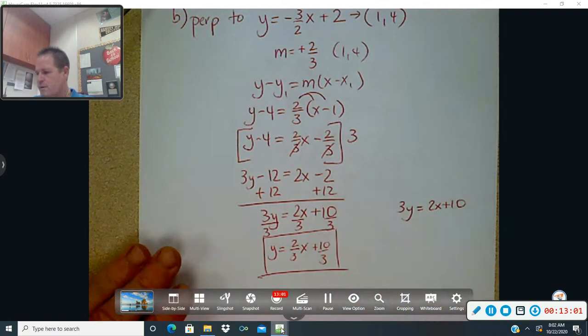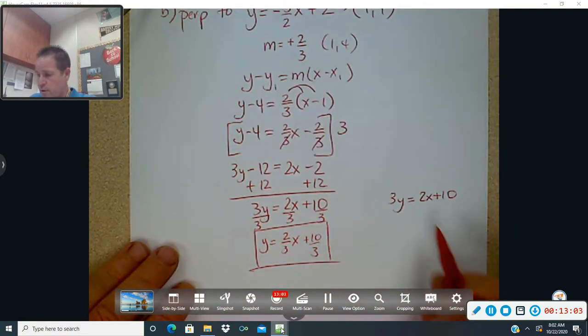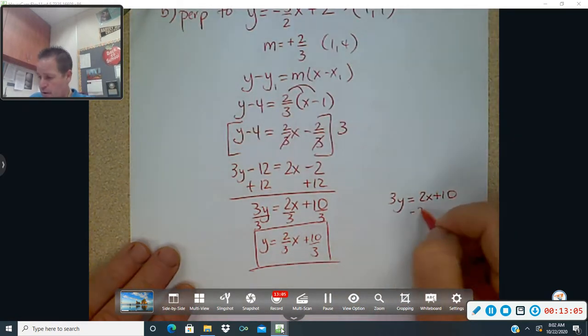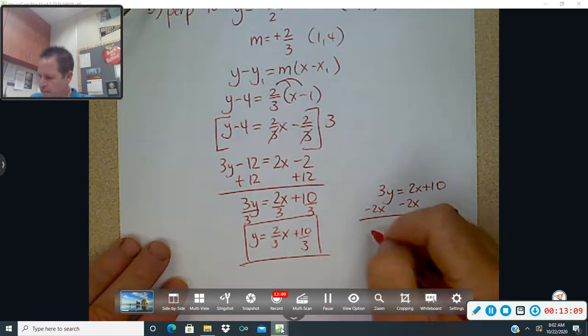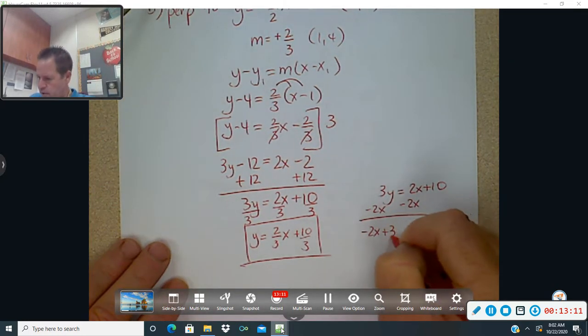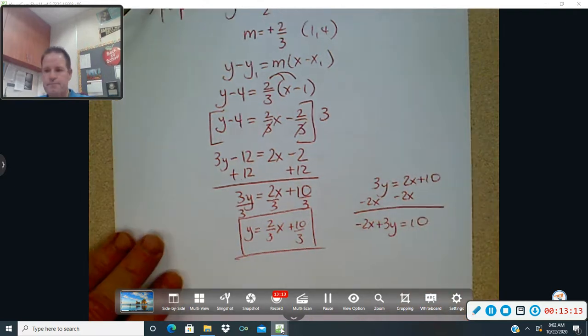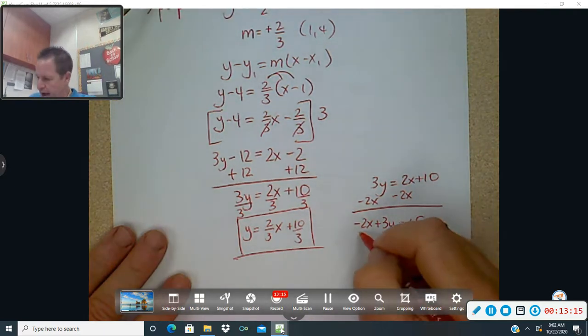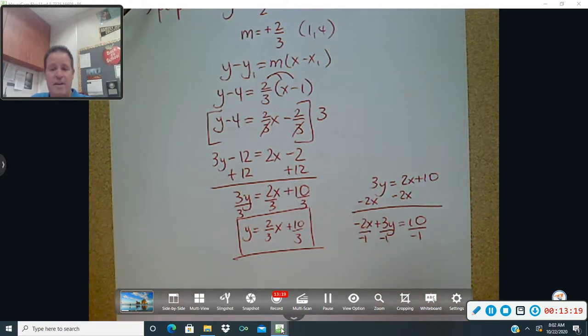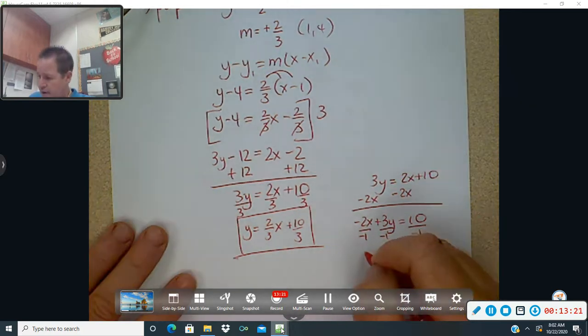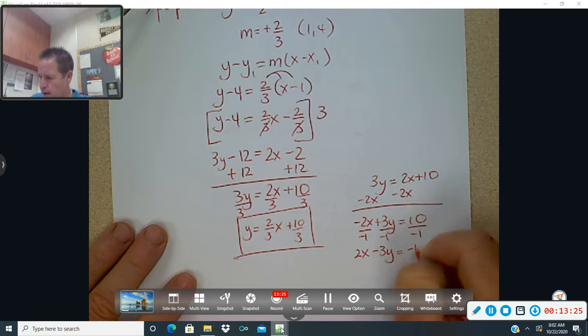Oh, no, wait, we're trying to get standard form here, so move over the 2x. So you're going to have negative 2x plus 3y equals 10. And then you'll divide everything by negative 1. Remember, you can't have a negative in front of x. You can have a negative anywhere else, just not in front of x. So that makes 2x minus 3y equals negative 10.